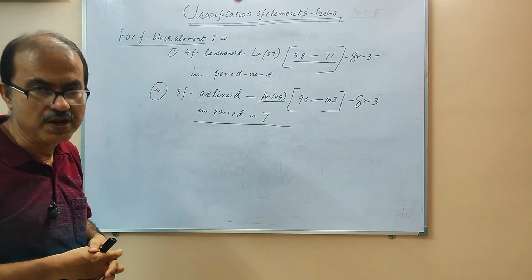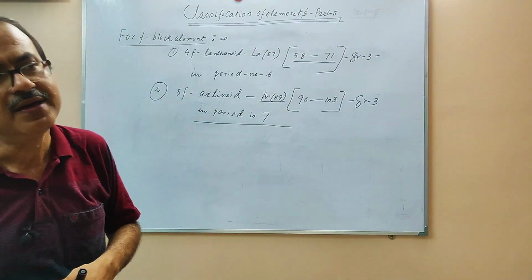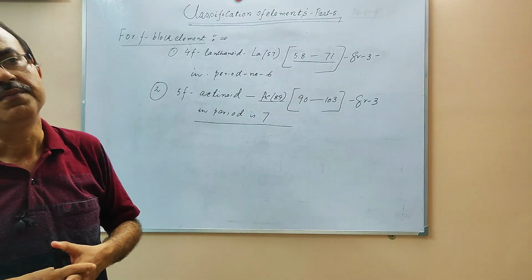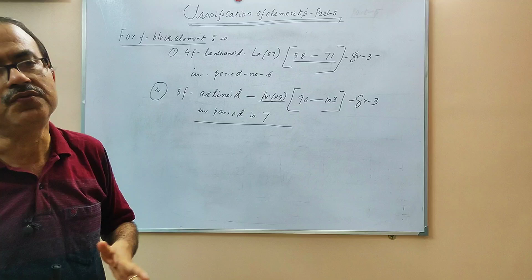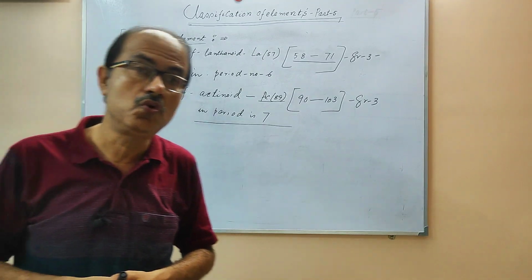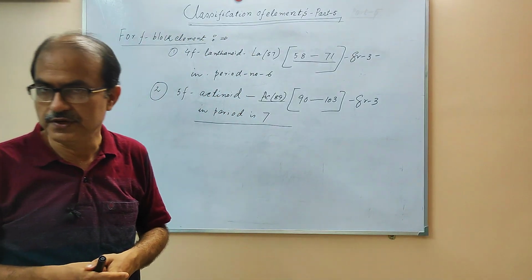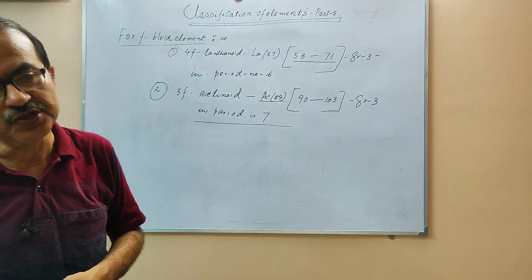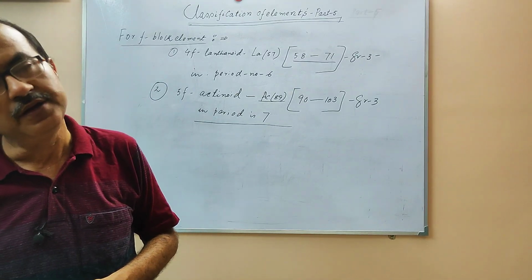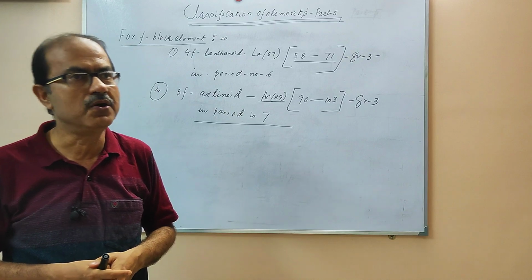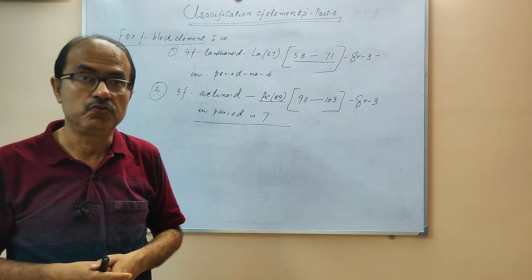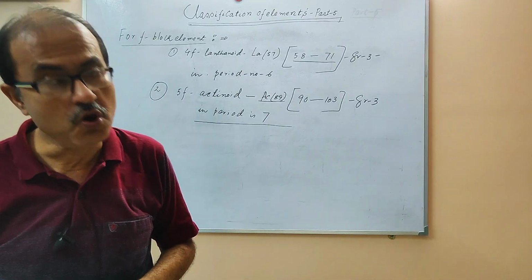So in this video we learned how we can identify the period and group. Period is basically the valence shell number of the element. For that we have to write down the electronic configuration first. For the group of the s block, it is the number of electrons in the s subshell. For the p block, it is the number of electrons in the valence shell plus 10, that will be the group number of your p block element.